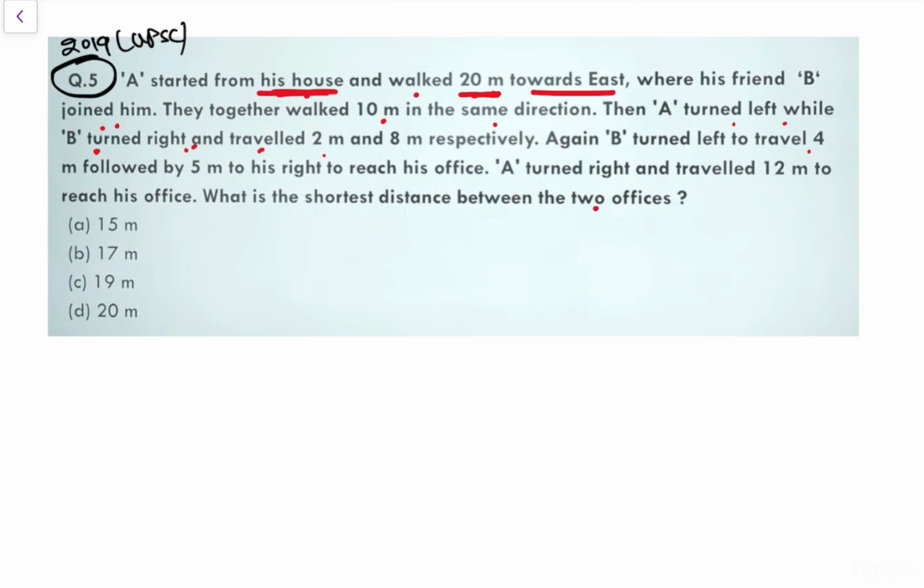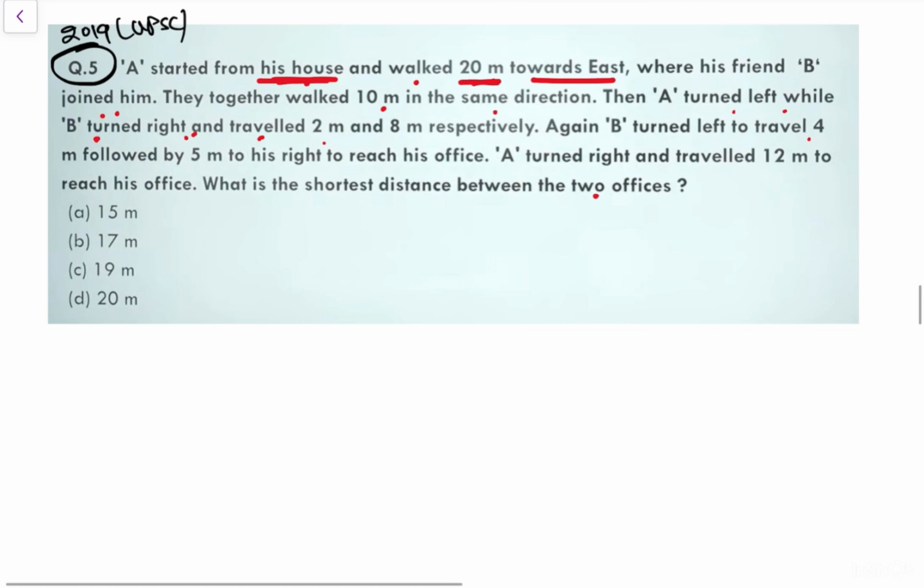Chalo, let's see. See, imagine A started here. Like A started from his house and walked 20 meters towards east. East is this direction, right? So A started from here and walked for 20 meters towards east, because this is the east direction.